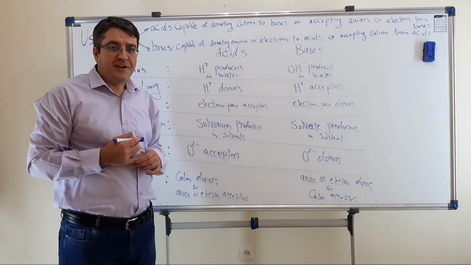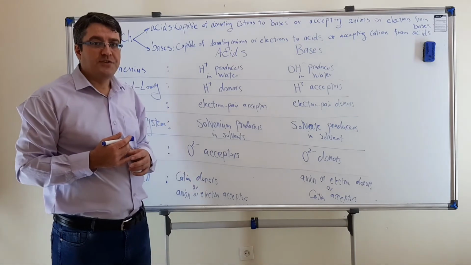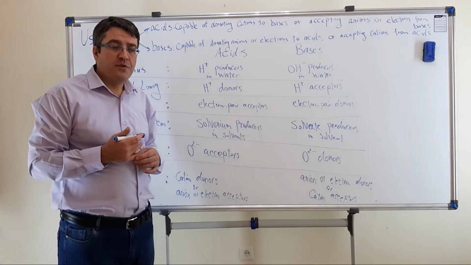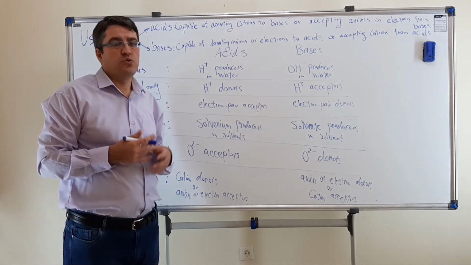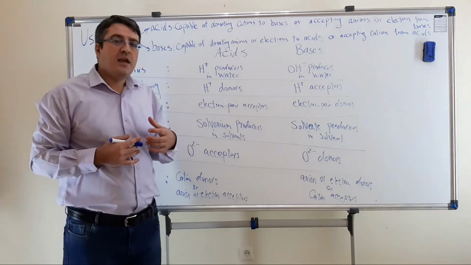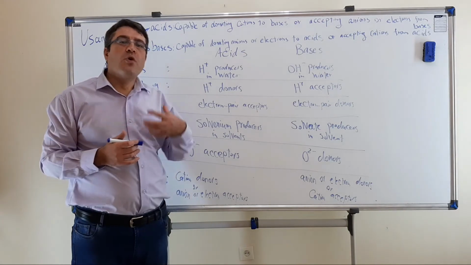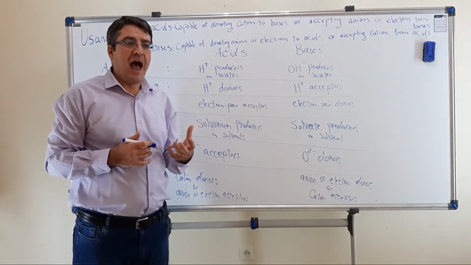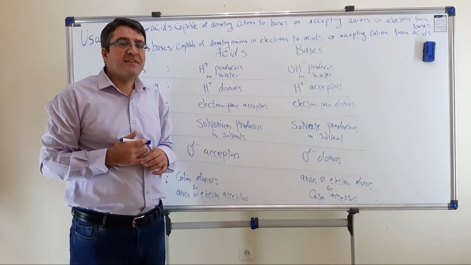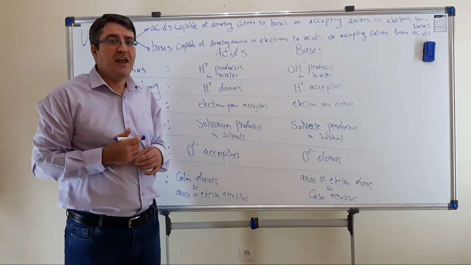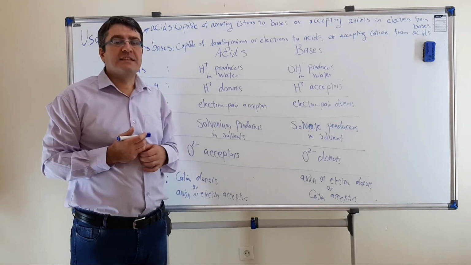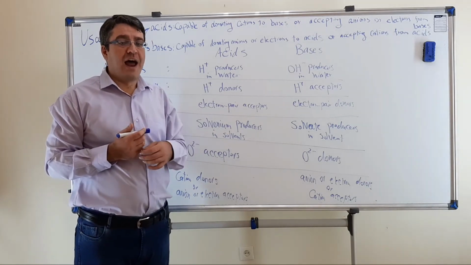From electric interactions, we know that opposite charges attract each other, while like charges, for example two positive charges or two negative charges, repel each other. If we assume that donating is like repelling and accepting is like attracting, we can consider an analogy between acids and bases on one hand and positive and negative charges on the other.